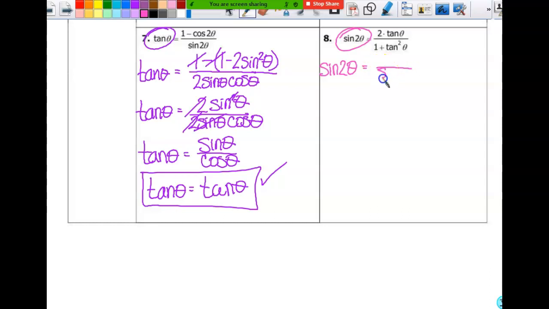So I can replace that with secant squared. Then in the numerator, I have 2 tangent theta. So since there's a sine on the left-hand side, and I have quotients and reciprocals on the right-hand side, I think now is when on the right-hand side, I'd like to make everything in terms of sine and cosine. So I'm going to get sine 2 theta equals, the numerator here is going to be 2 sine theta over cosine theta. And then the denominator is going to be 1 over cosine squared theta.